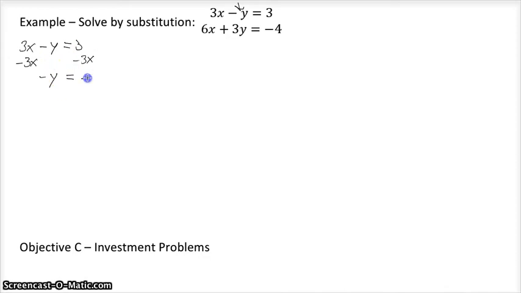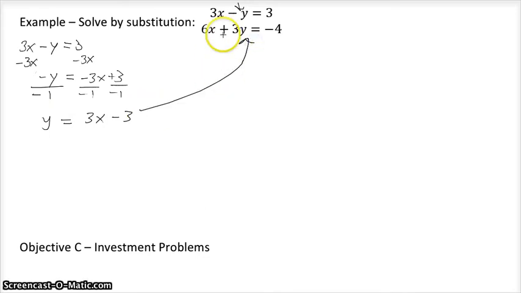So I get negative y equals negative 3x plus 3. I'm going to divide by negative 1 because I want to get rid of this negative. So I'm left with y is equal to 3x minus 3. So this is what y is equal to, and I'm going to plug that into the second equation because I solved the first one.